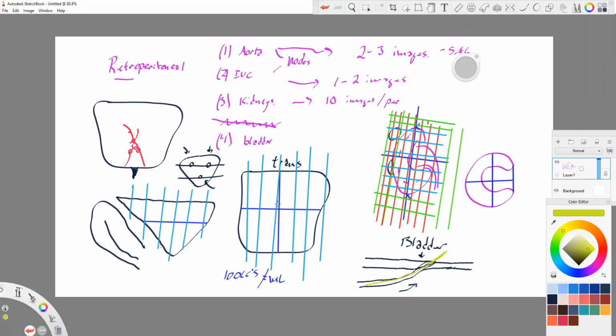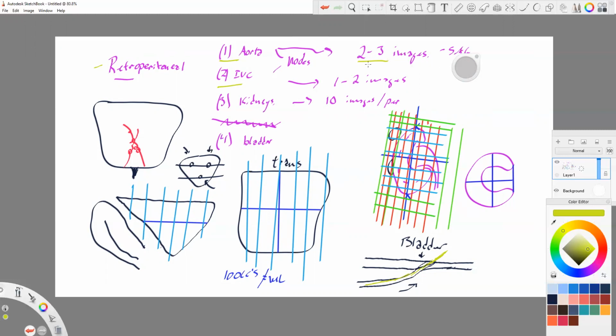Okay, so retroperitoneal, once again, aorta, IVC, aorta, 2 to 3 images, both the aorta and IVC. Man, if you only took one image, you're technically there, but it's just not doing due diligence. You're not doing the patient any favors. So 2 to 3 images of the aorta minimum, as far as I'm concerned.